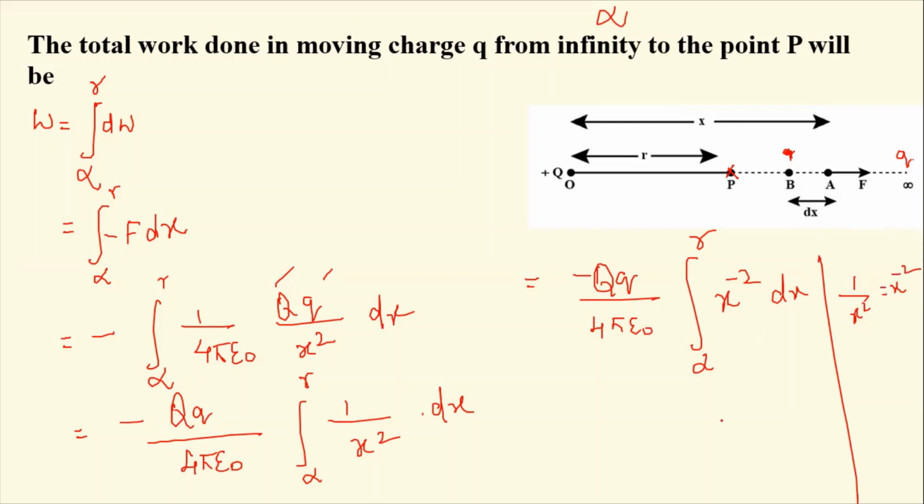Now you have to integrate. I hope you all know how to do integration. Integration of x power n dx, this is from grade 11, will be equal to x power n plus 1 divided by n plus 1.